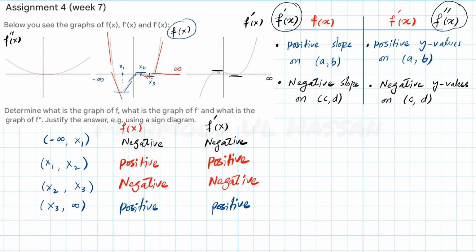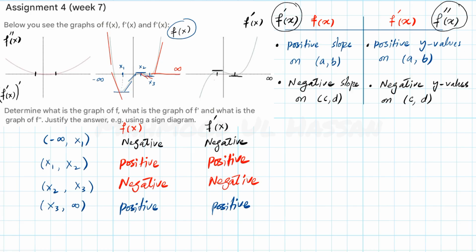Okay, so we have two critical points on the x-axis, and the derivative of f of x passes through these two critical points. You can see the first critical point is here and the second critical point is here, and the graph of the derivative of f prime of x, that is f double prime of x, passes through these two points.